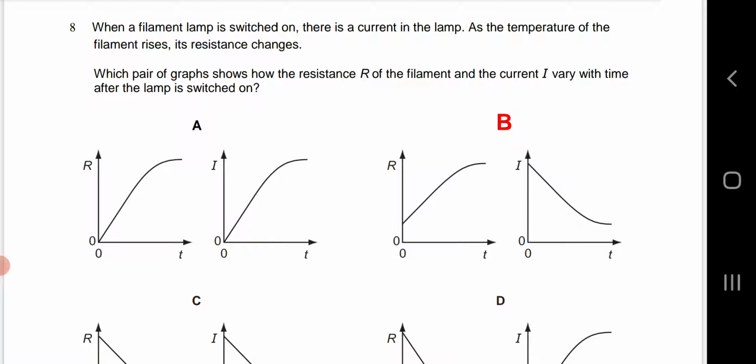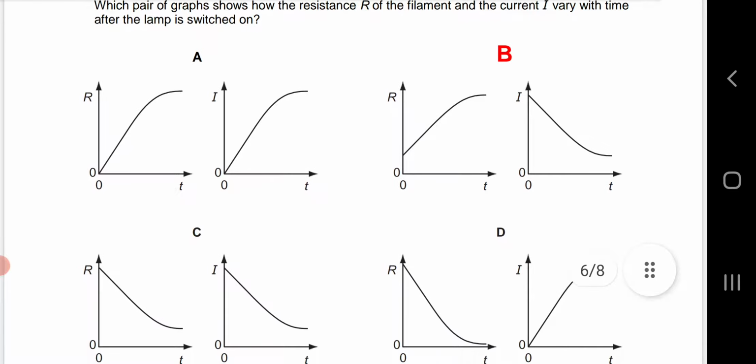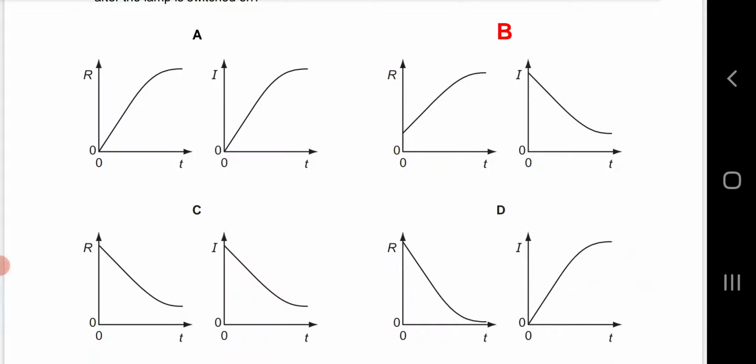So it's a kind of inverse relationship. If you see, there are only two inverse relationships you can see. One is in B and the other one is in D. But the resistance of the lamp will increase as the lamp gets hotter. So option B is the correct option.